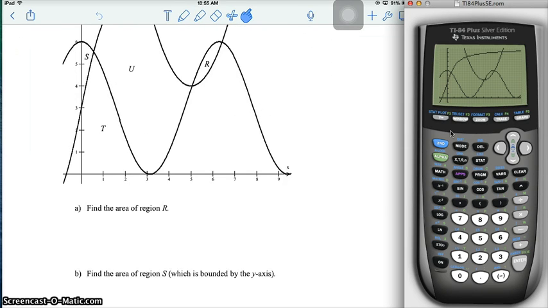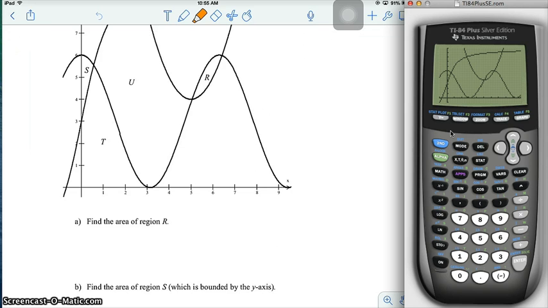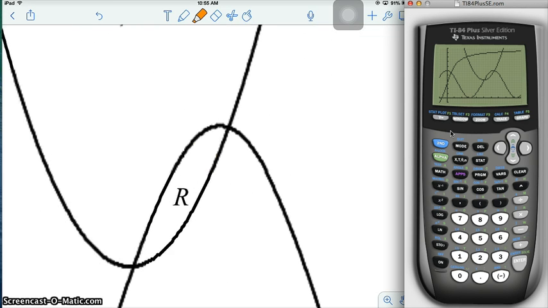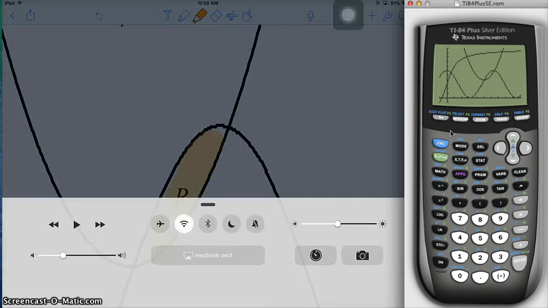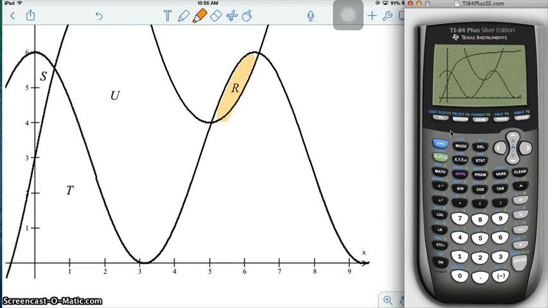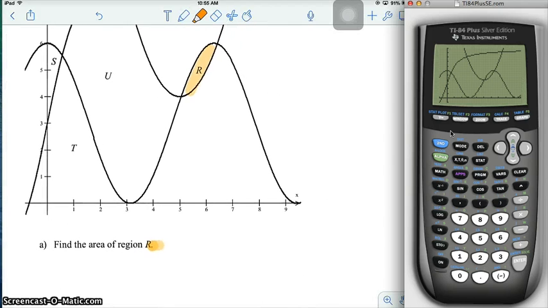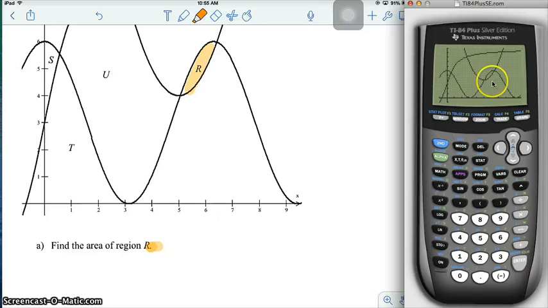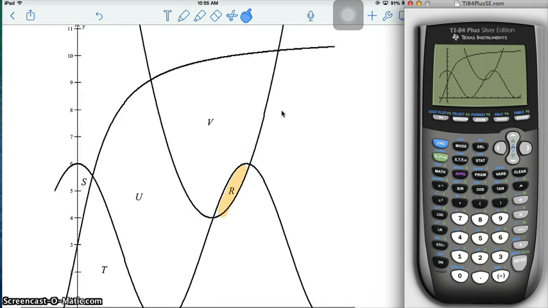The first one, R, let's do orange for R. Orange is right here, and I need to label which one's which.